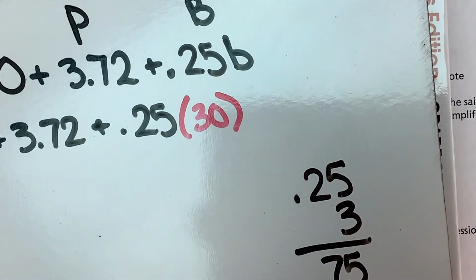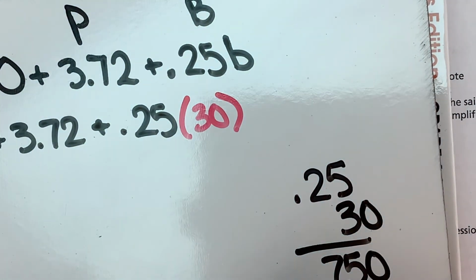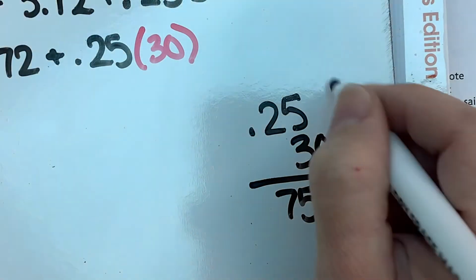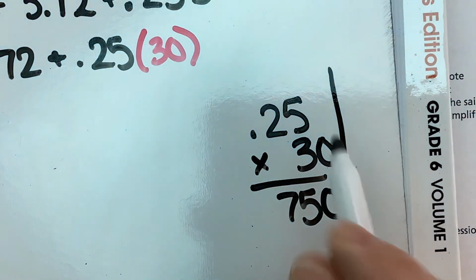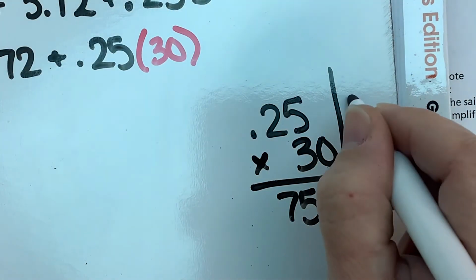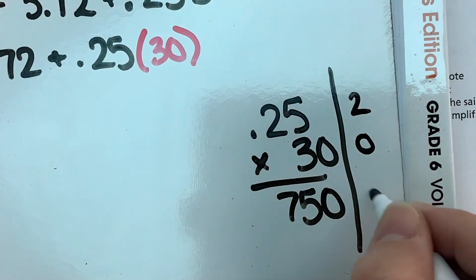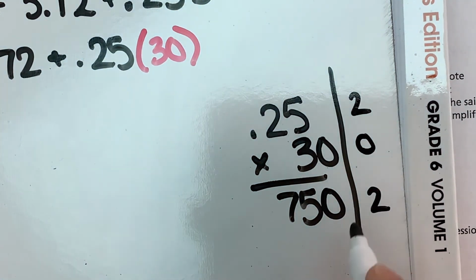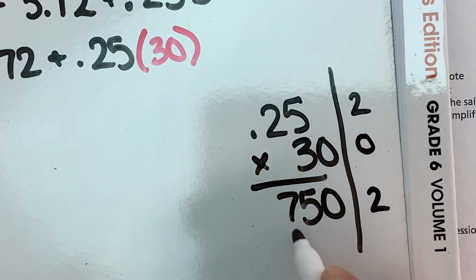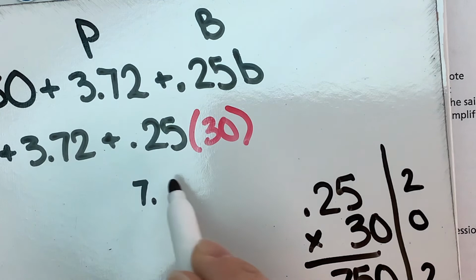And then we can go ahead and add that 0 on at the end. The students know when they do decimal multiplication, they should be using the wall. There are 2 decimal spots here. There are no decimal spots here. So that means in our answer, we must have 2 decimal spots. So we move in once, twice from the wall. So that means this amount is $7.50.